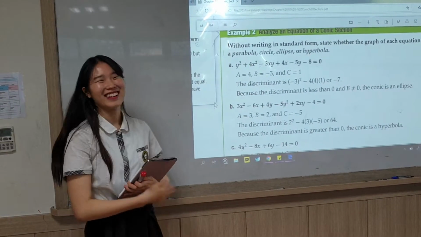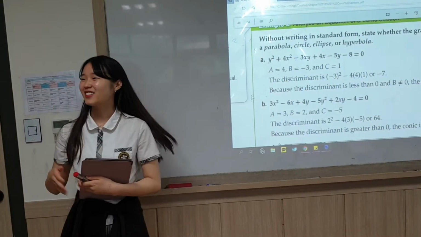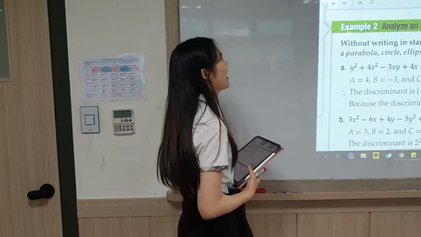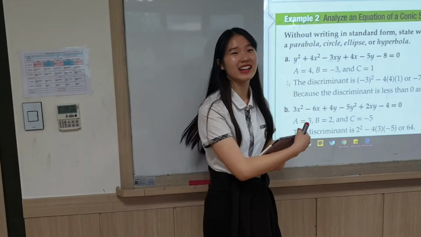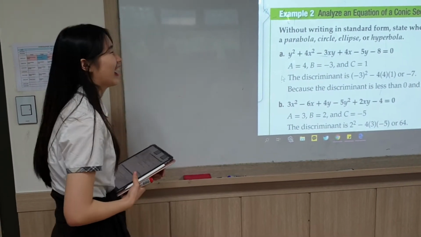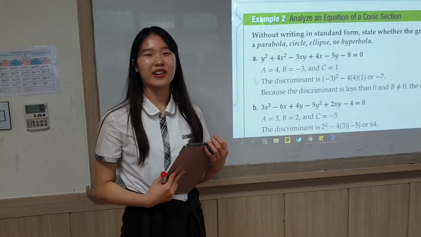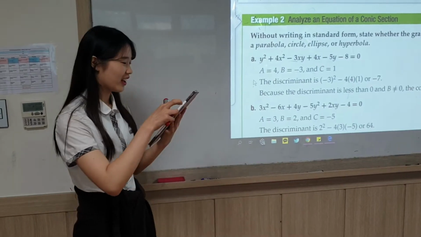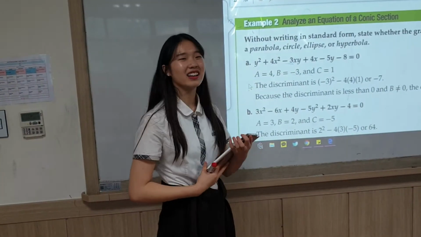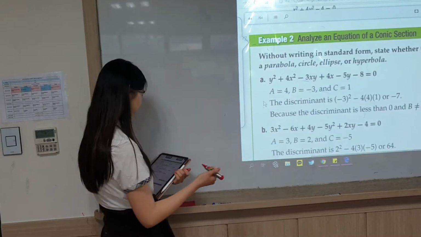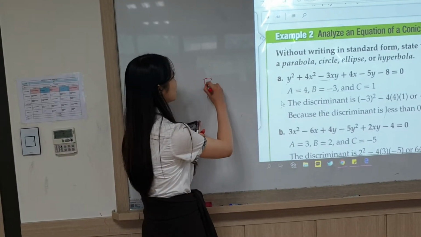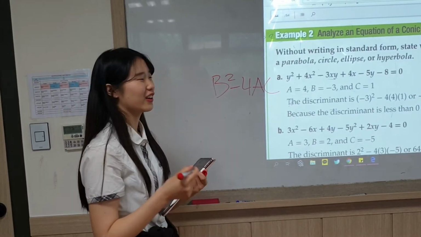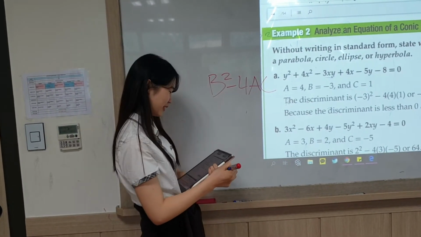Okay. Now, Yewon did writing it in standard form, but now we are going to do it without writing it in standard form and stating whether the graph is a parabola, circle, ellipse, or hyperbola. So here, as Serin said earlier, to actually solve this, you need the b squared minus 4ac to know if it's a parabola, circle, ellipse, hyperbola.